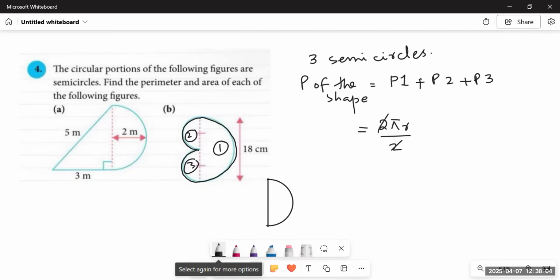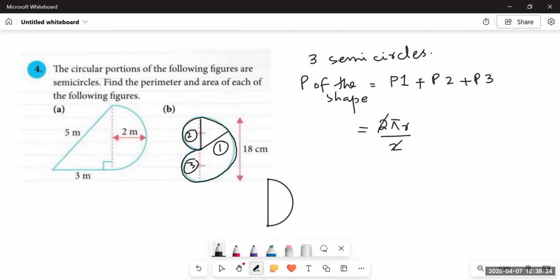In this case, the radius would be half of this diameter. You see, the diameter of this semicircle is given, which is 18 centimeters. This 18 centimeters is the diameter of this greater circle.